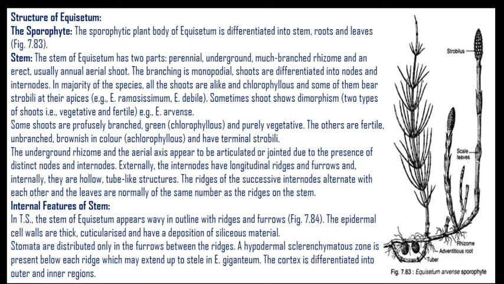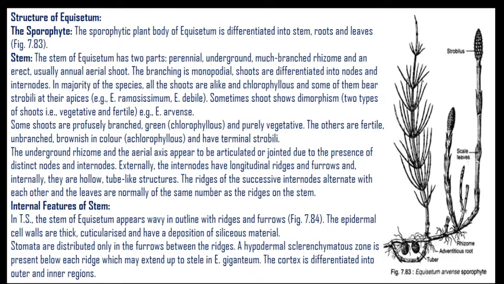The ridges of successive internodes alternate with each other, and the leaves are normally of the same number as the ridges on the stem. So in this way, there are two distinct types of shoot system, that is vegetative and fertile.